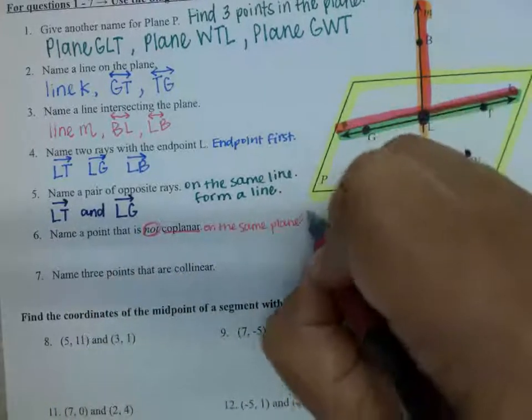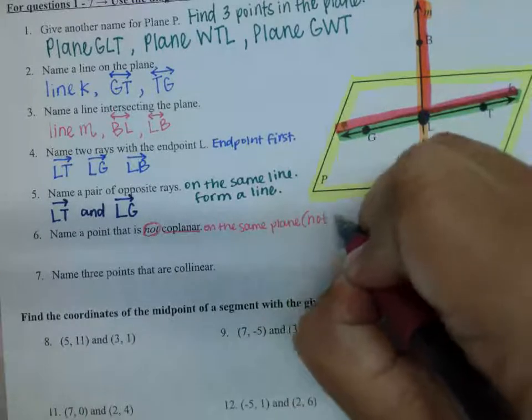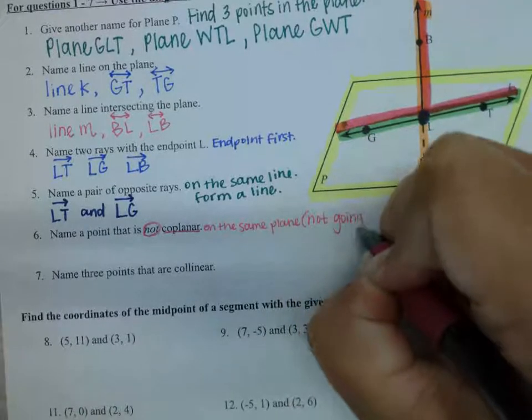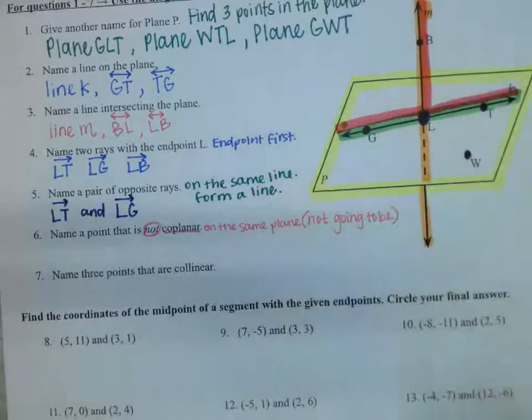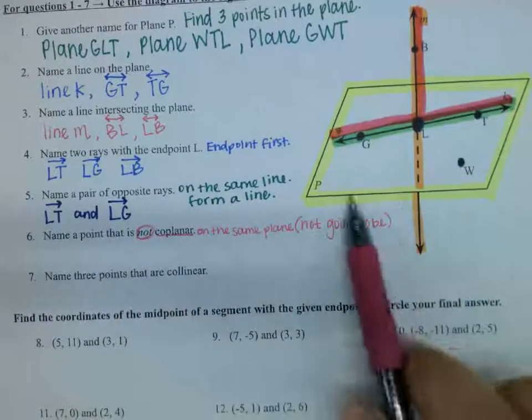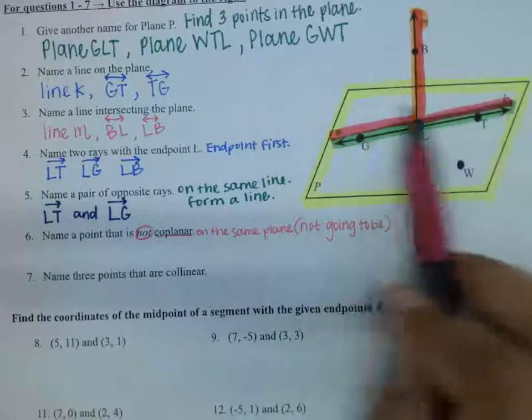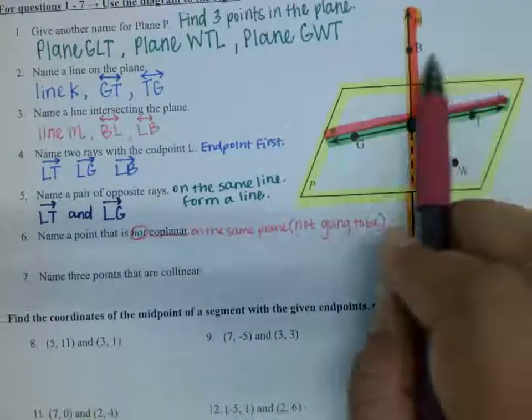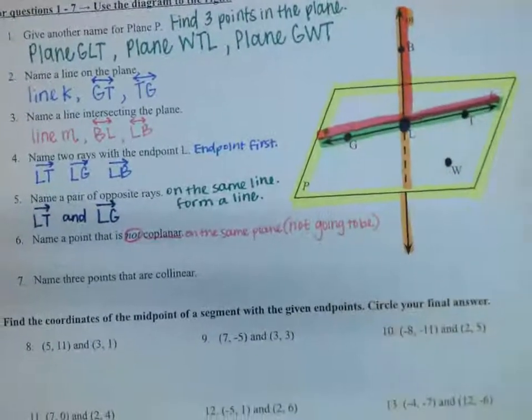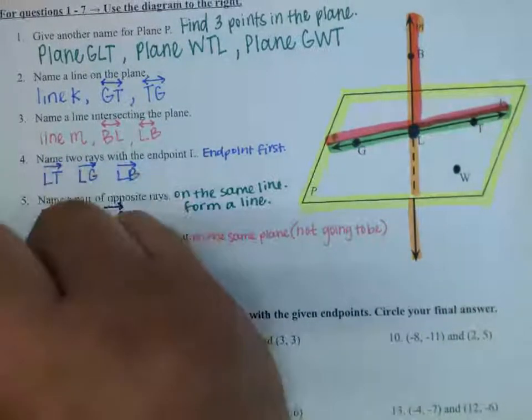So what point lies outside of this yellow box? Well, everything inside, so everything outside. Up, B. So you would write B. Point B is not coplanar because it is outside my yellow plane.